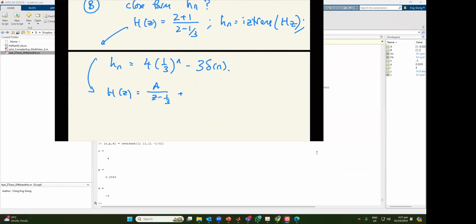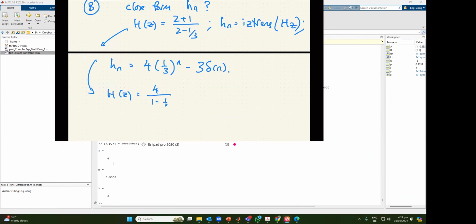Can you see? I know that it will reduce to, I mean, I hate doing partial fractions, guys. The answer is 4 over z minus 1/3, plus minus 3.